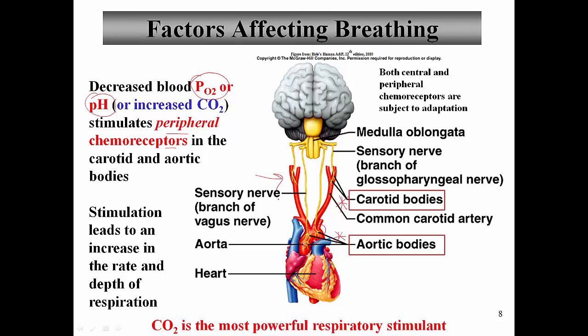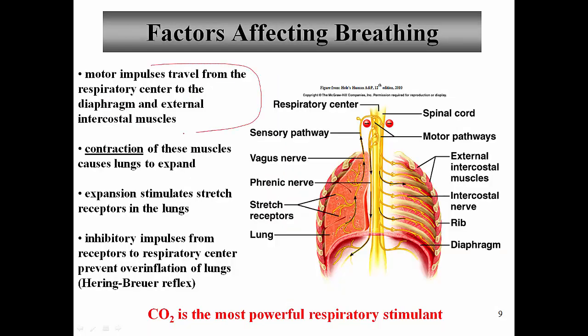So located in the same place as the baroreceptors, we also have chemoreceptors that are very important in governing the breathing rate. We have, as we said before, motor impulses that travel from the medullary rhythmicity center, and these will ultimately affect the diaphragm, as well as the external intercostal muscles, and even some of the other assister muscles that we talked about if, for example, we want to take a deep breath in or we want to expel more air out.